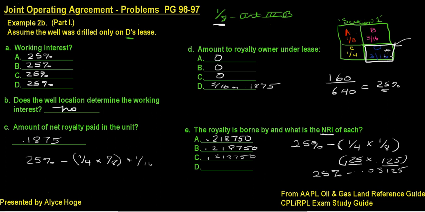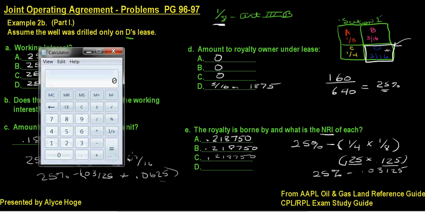So now we're going to subtract 0.03125 here, 1/4 times 1/8, plus a 1/16, which is 0.0625.